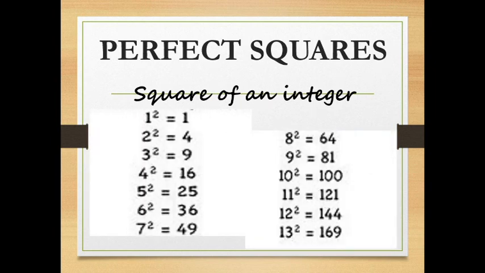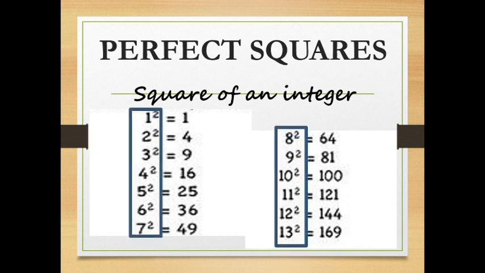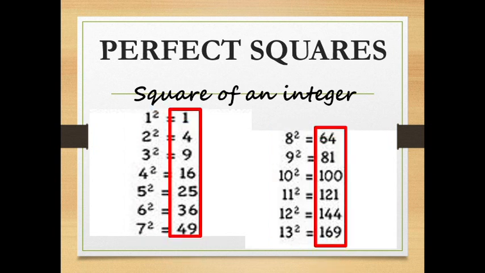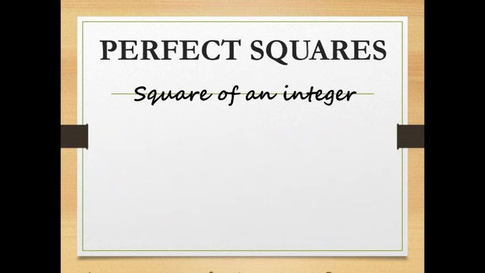For example, dito sa nakikita nyo sa screen, ang nasa kaliwang bahagi ay mga numbers na ini-square. At yung result na kapag ini-square natin yung isang number, tinatawag nating perfect squares. Yung nakikita nyo sa screen nyo na naka-enclose sa red box ay tinatawag natin or mga halimbawa ng perfect squares.